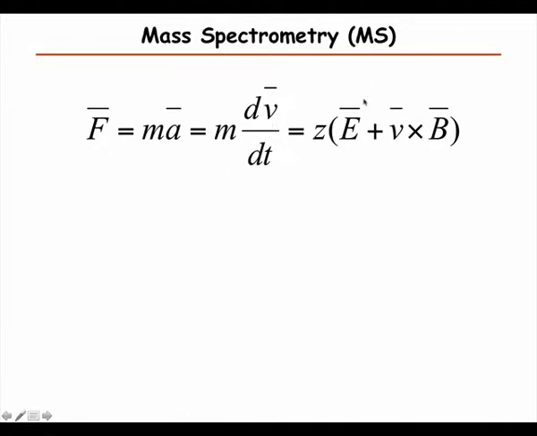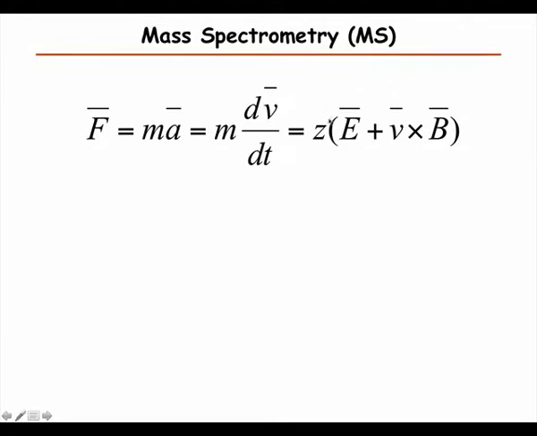And in an electromagnetic field, the force is written as the charge times the size of the electric field plus a vector product between the velocity and the magnetic strength of the magnetic field.